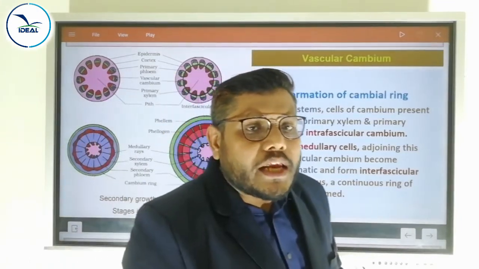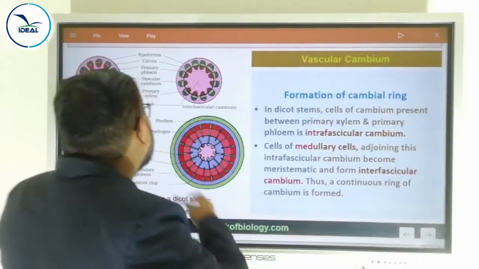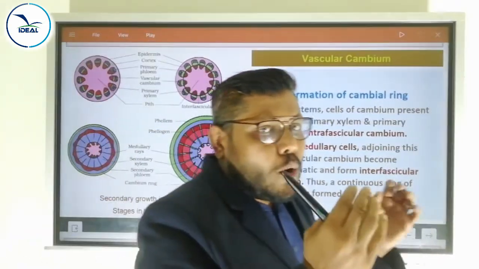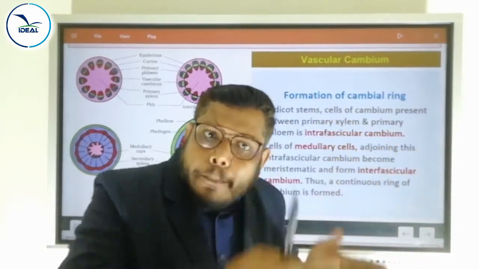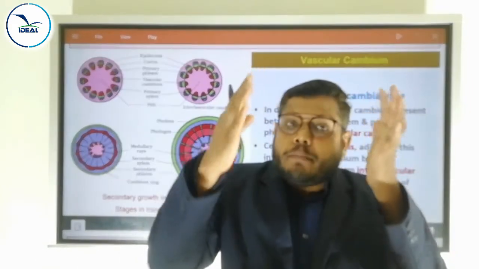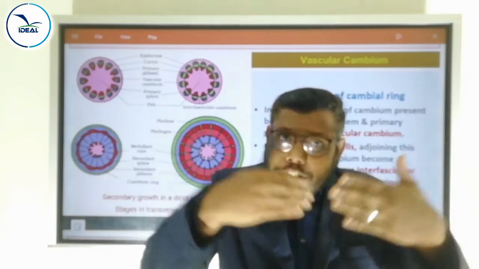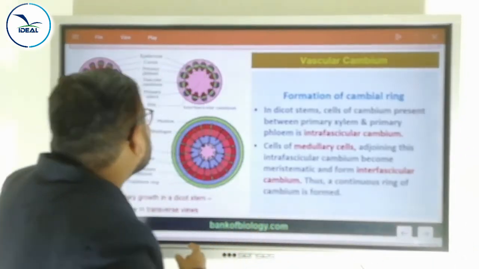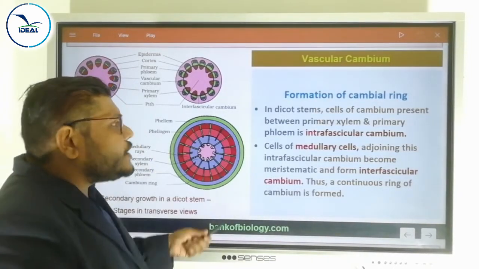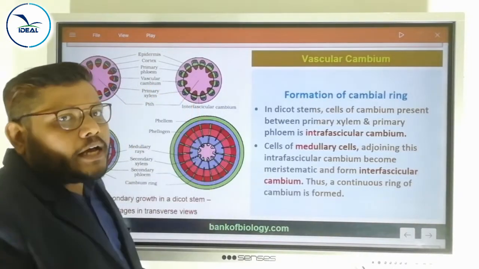What we call interfascicular cambium. That particular medullary ray helps in adjoining the intrafascicular cambium. It will become meristematic and form an interfascicular cambium.